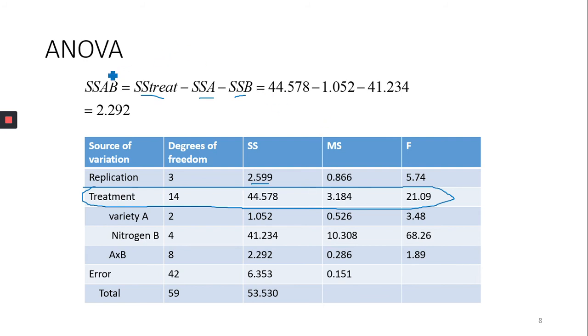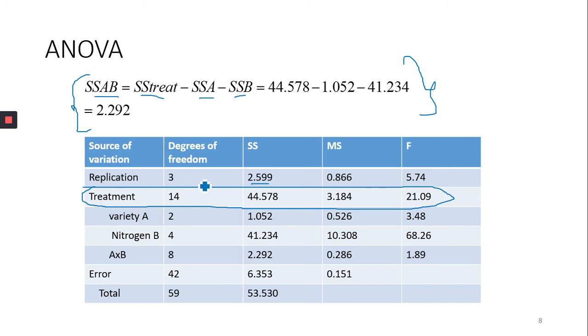So this is the approach that I've used here. Use any approach which is easier for you. And how do you get those approaches? Go through a number of textbooks, check how they get the interaction, and use the one which is easier for you. So I calculated SS treatment to help you to find the interaction.